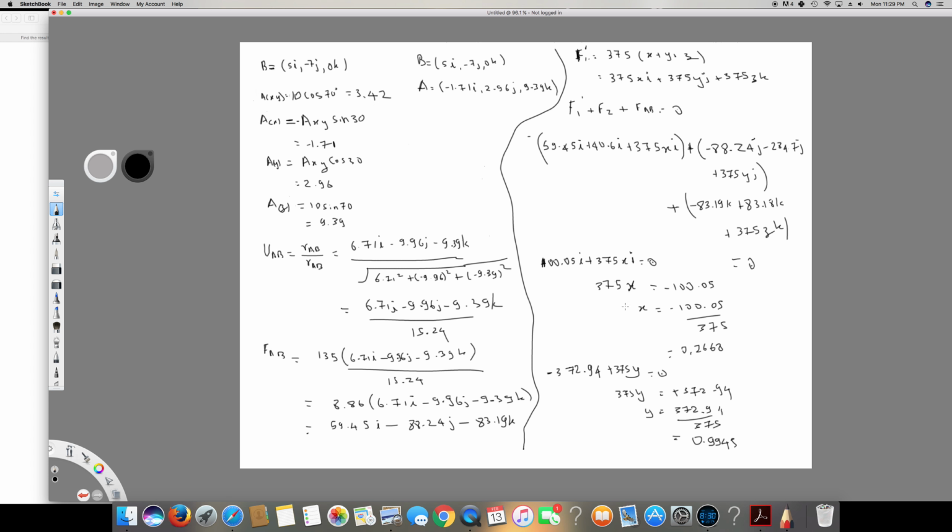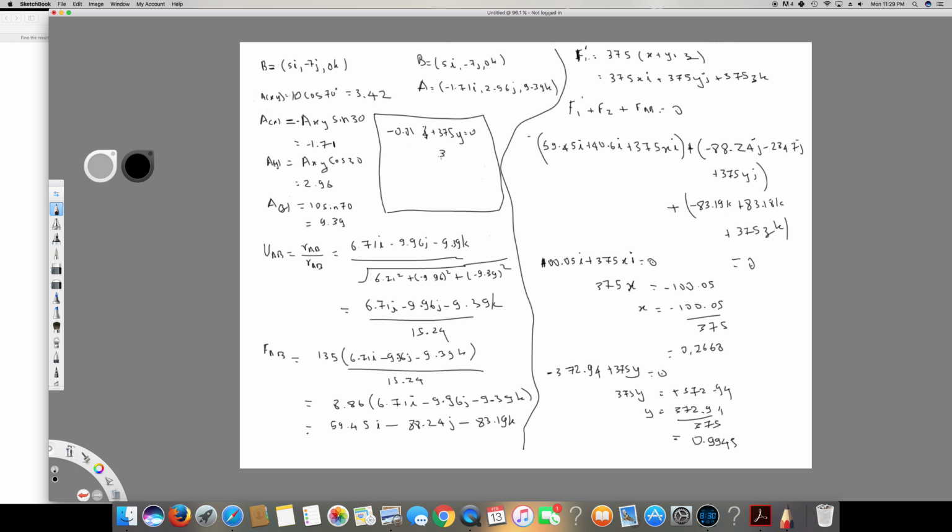Now I can find the z value. Let's use this equation here. 83.18 minus 83.19 is 0.01, so 0.01 K plus 375z, get rid of the K, is equal to 0.